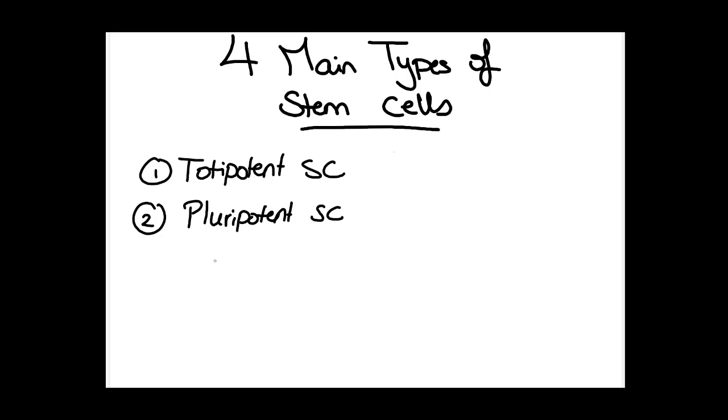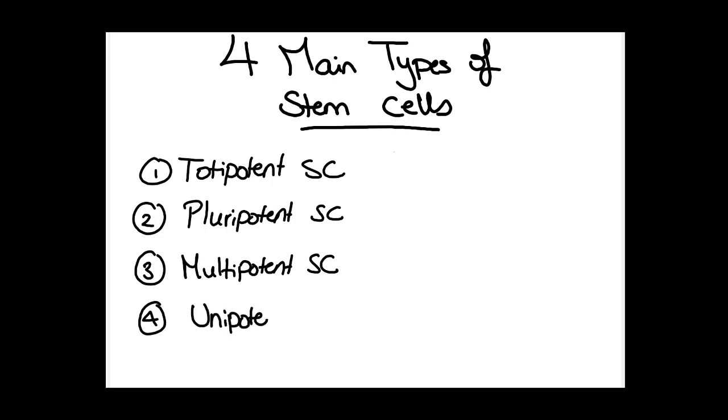The pluripotent cell can develop into many cells in the body. The third type is a multipotent stem cell, which can develop into specialized cells based on their origin. And the final one is a unipotent stem cell, which can develop into just one cell type.